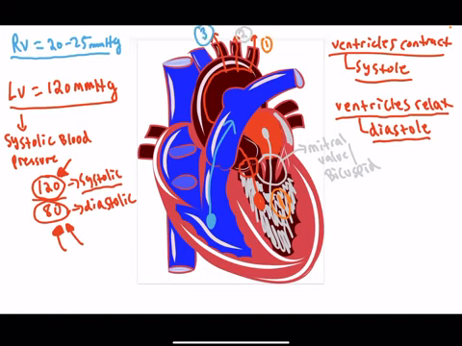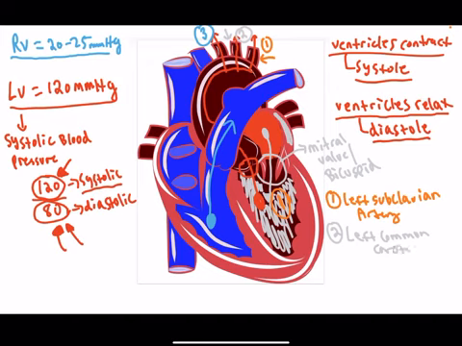Let me write it down right here at the bottom so it's more clear. So 1, this branch of the aorta is called the left subclavian artery. And 2, the middle branch of the aorta is going to be called the left common carotid artery.